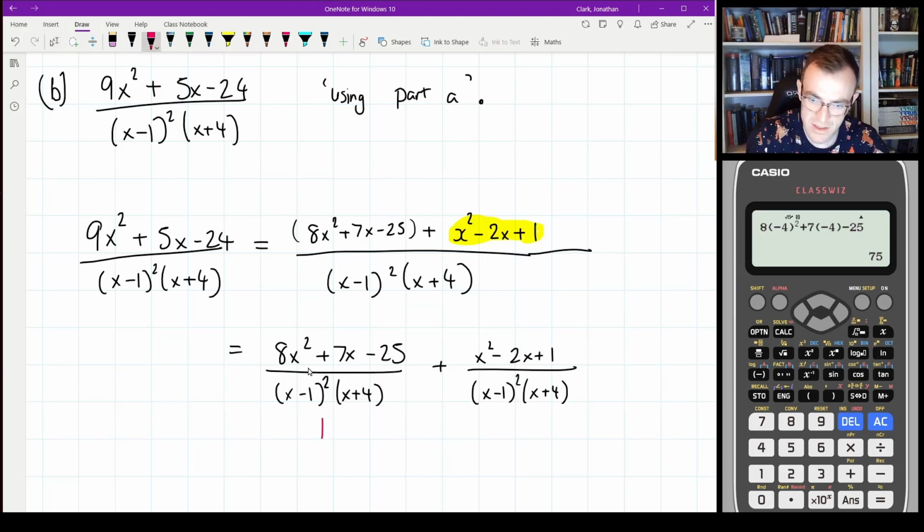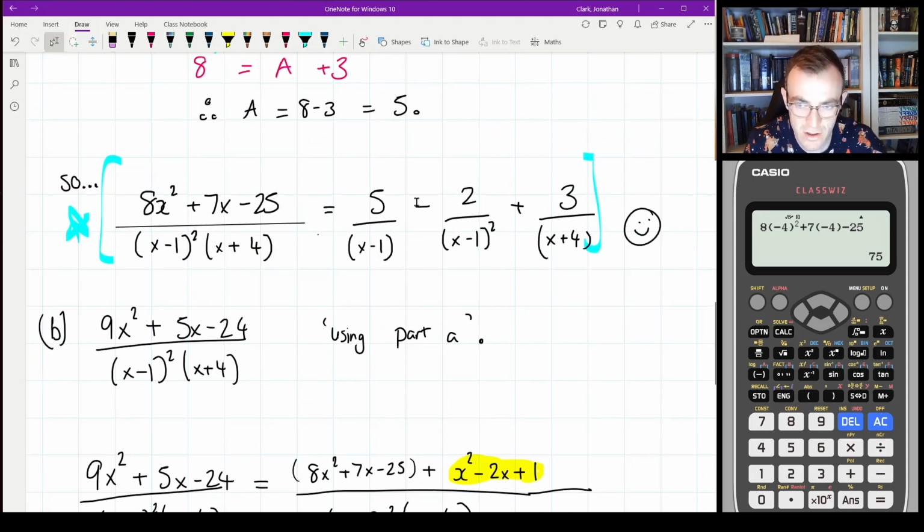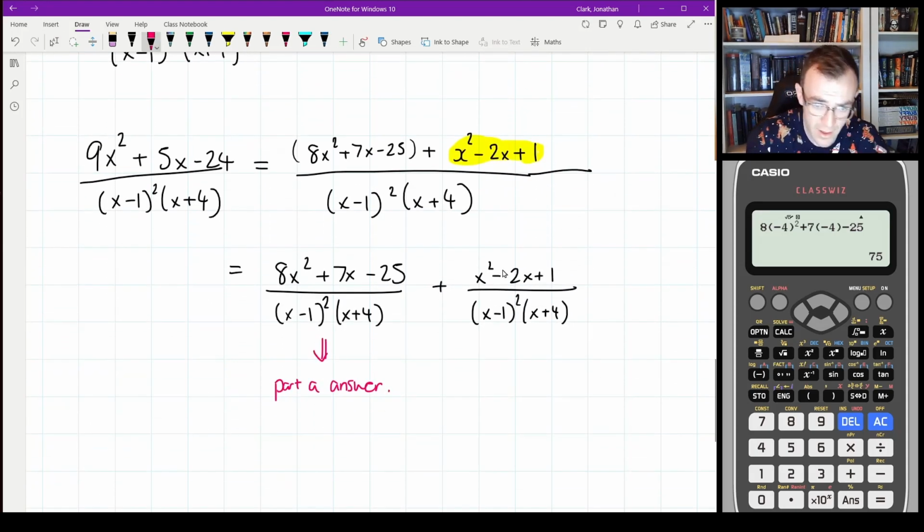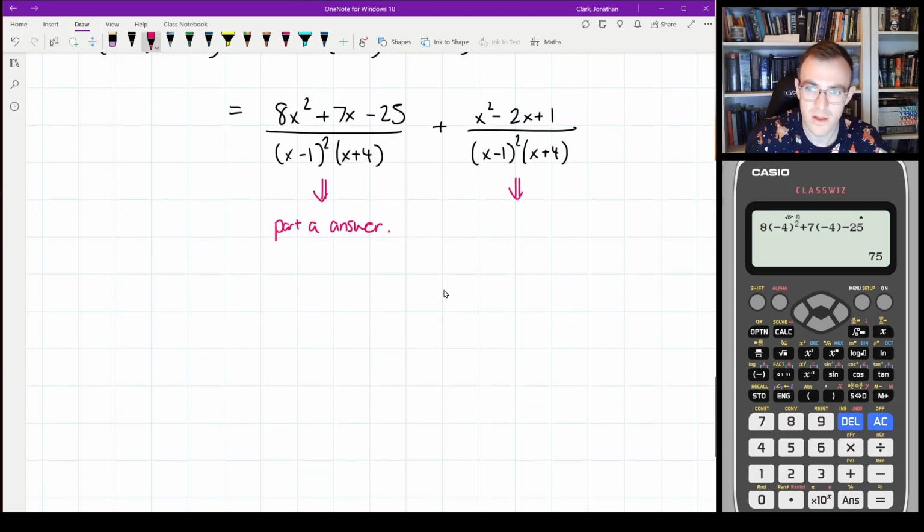And this thing here was our part A answer. So if we wanted to convert that into partial fractions, we've already got this thing here. So this quadratic, x squared minus 2x plus 1, it can be factorized.